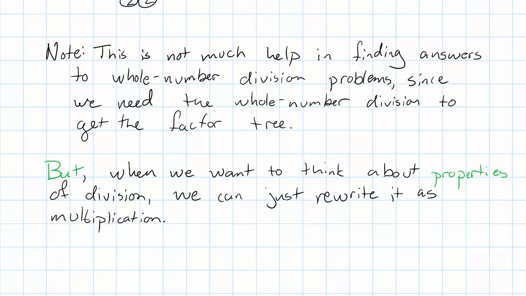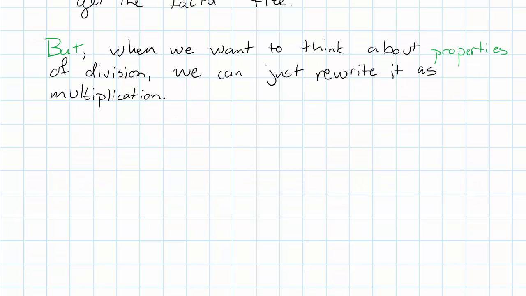This actually gives us a property of division that I didn't justify to you earlier. Remember when we were talking about dividing signed numbers? And I told you that division follows all the same rules as multiplication? Now we see that what's really going on here is when we take a positive divided by a positive, what we're really saying is that a positive number times the reciprocal of a positive number is a positive number.